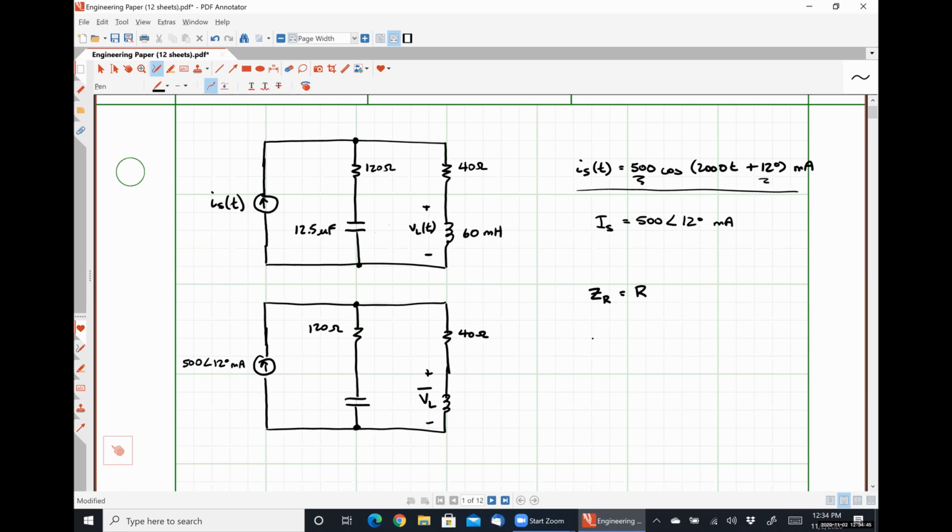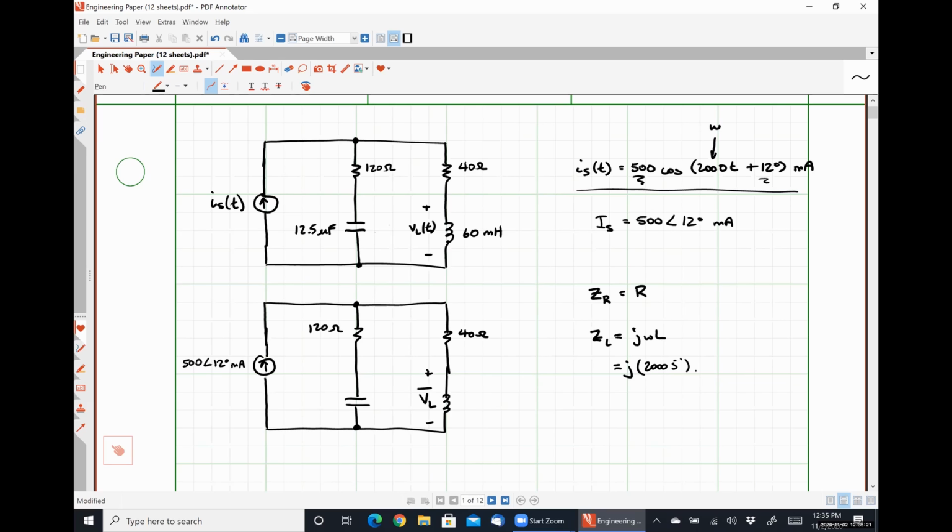What is going to happen to our inductor? Well, the impedance of an inductor is J omega times L. So that's going to be J, what's omega? 2000, right? Omega is this bit right here, the part that's multiplied by time inside of our trig function. So it's going to be 2000 radians per second.